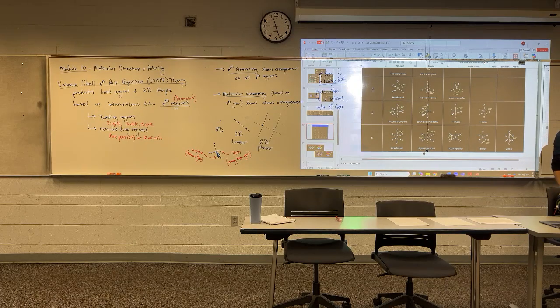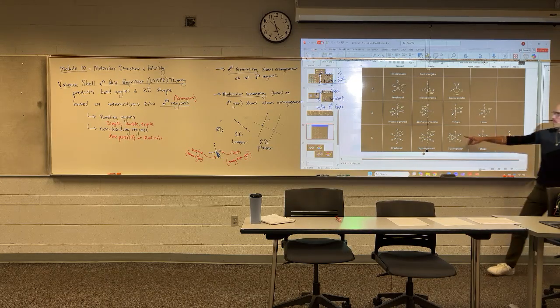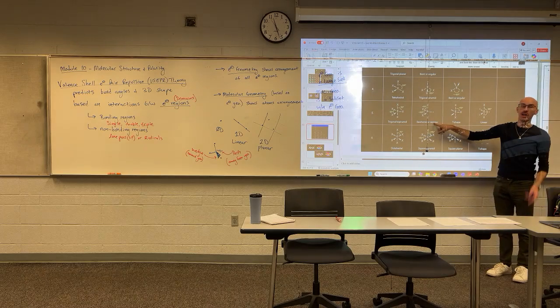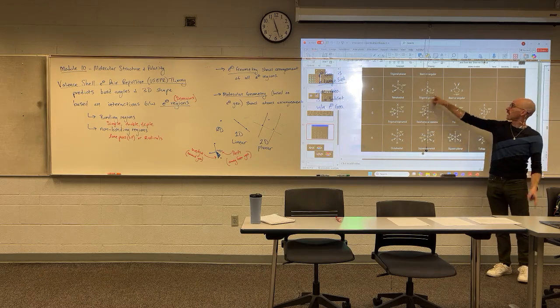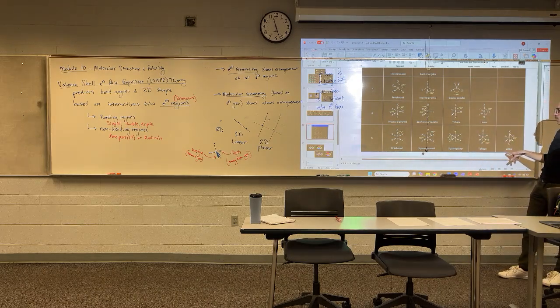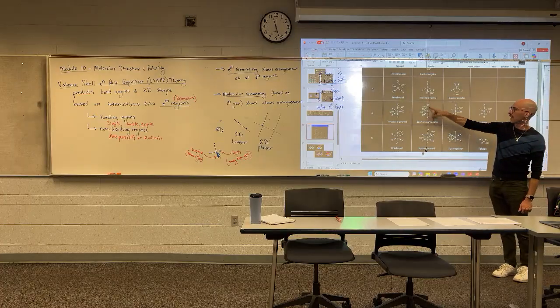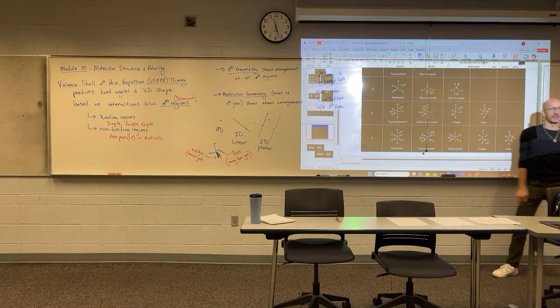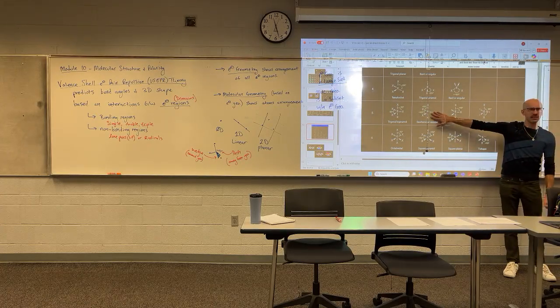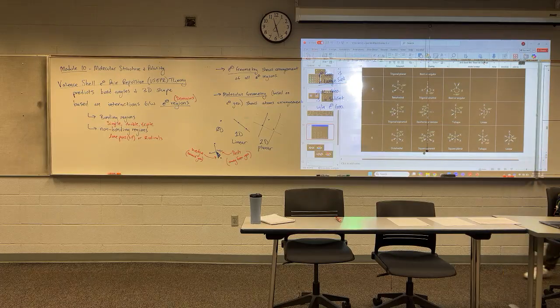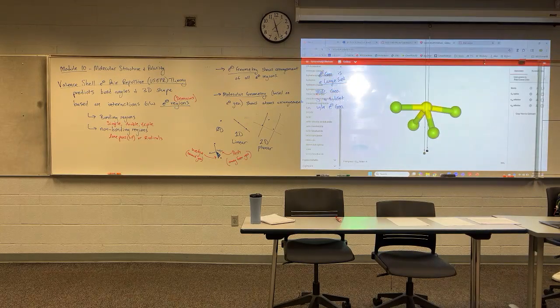If we know it's a seesaw shape, how many lone pairs does that central atom have? One? Because we see here the seesaw shape only shows up once. That's not a shape that comes any other way. And that's when you've got these 4 bonding regions, 1 non-bonding. Does this image look as much like a seesaw? No, I think this orientation looks more like the seesaw.